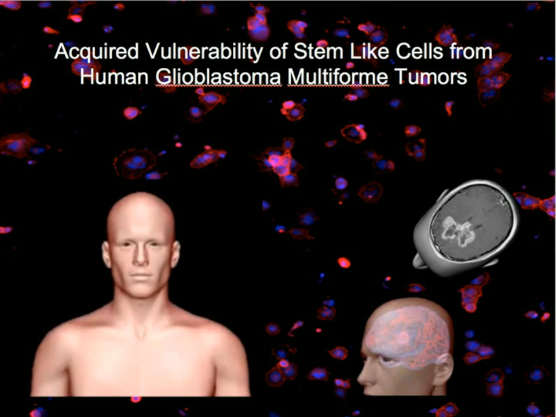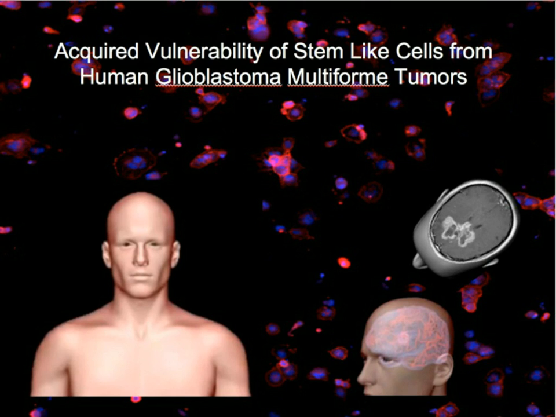So the whole aim was, if we find such features, this would be an acquired feature because the cell is cancerous and stem-like, this feature gets enriched, and if we find such a feature, this can be used as a very good target for developing new therapies against these devastating diseases.